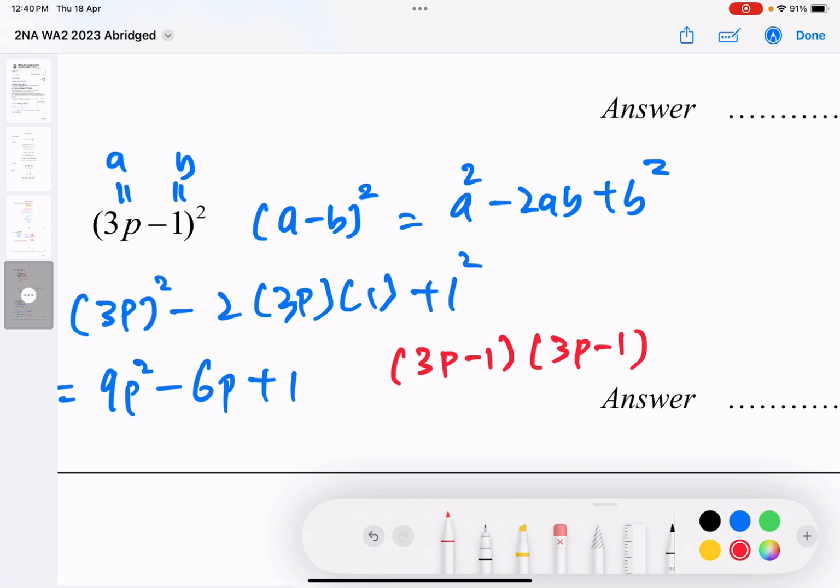So you can use your rainbow method also. In case you cannot memorize this one in the exam, you can multiply by itself 2 times. You do the earlier method, you should be able to get it.